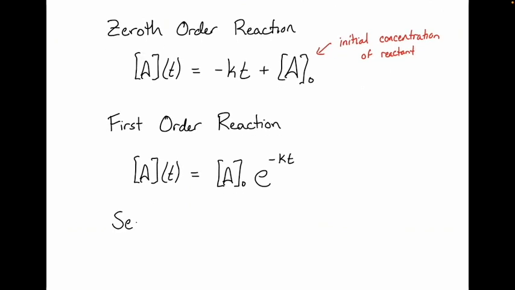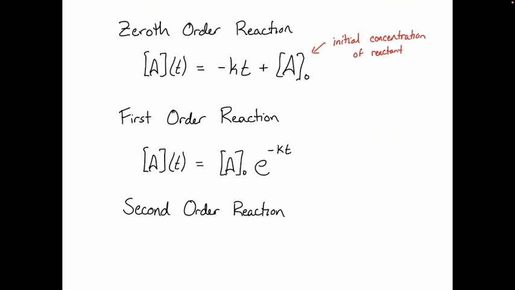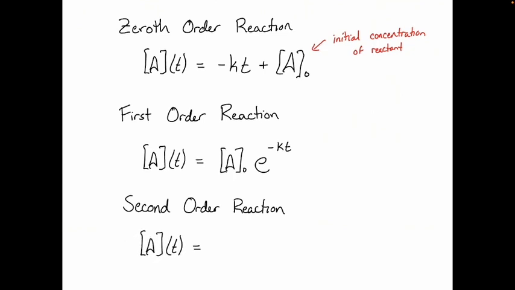And then lastly, for a 2nd order reaction, the concentration of A as a function of time is related to the initial concentration divided by the initial concentration times kt plus 1.